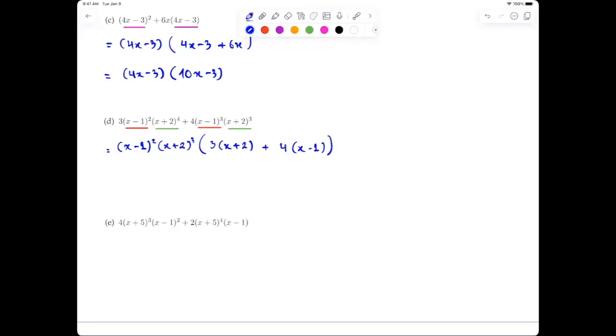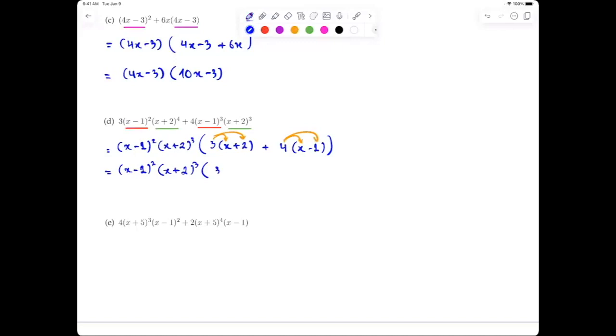Any questions? All right, so let's try to simplify the expression inside the last parentheses. So I'm going to distribute 3 into the parentheses and 4 into the parentheses here.